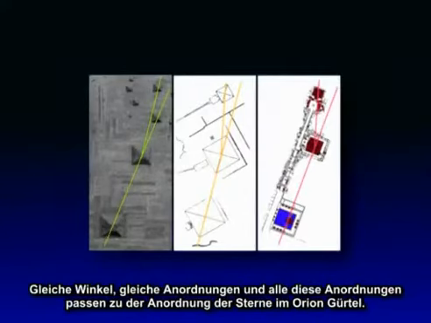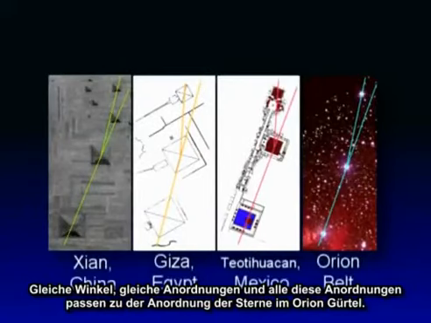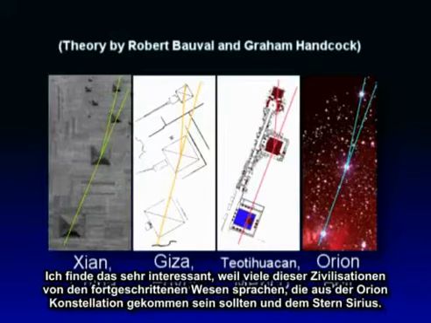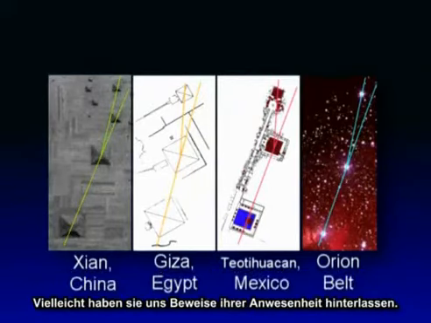Same angles, same alignments, and all of these alignments match the stars of the belt of Orion. And that I find very interesting, because many of the civilizations talked about advanced beings coming from the Orion constellation and the star Sirius. And so maybe they left us evidence of their passage.